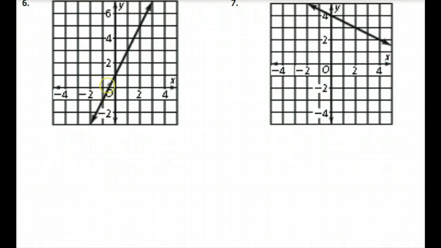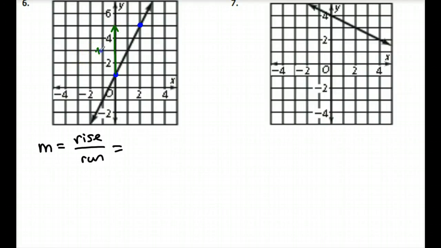So for number 6, I'm going to take this line that I'm given. I'm going to locate 2 points on the line. I'm going to locate this point right here, and then this point right here. Again, you can pick any other 2 points on the line, and I'm going to calculate the rise over the run. If I start on the bottom point, I need to go up 1, 2, 3, 4 spaces to get to my top point.